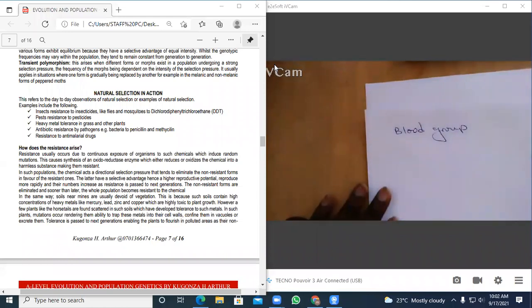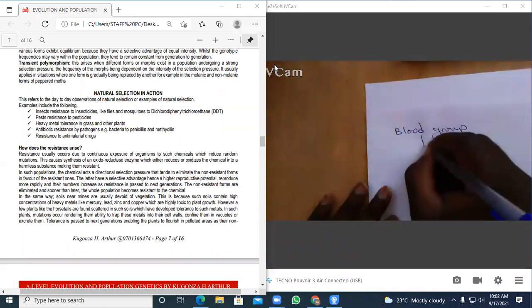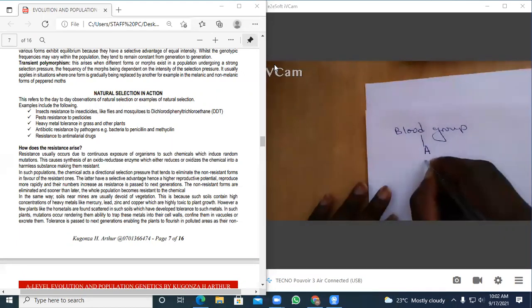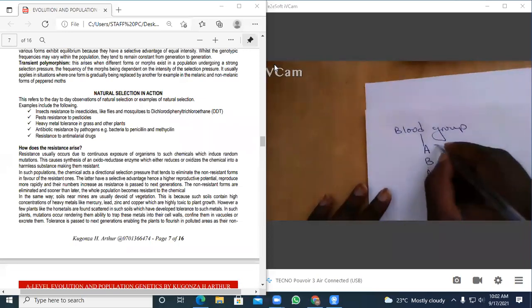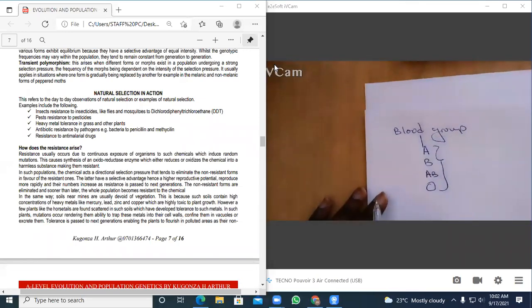When you look at blood group, we have individuals who are A, B, AB, and O. In our population of human beings, we don't have any blood group which is increasing while others are decreasing. All of them are in a fairly constant form. All of them can increase and decrease. Therefore, they are in that fairly constant state.